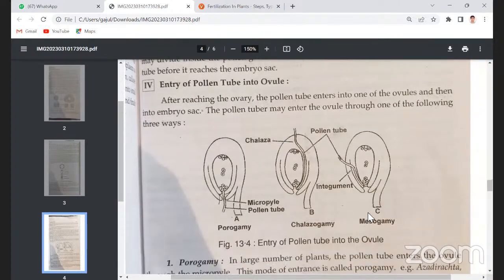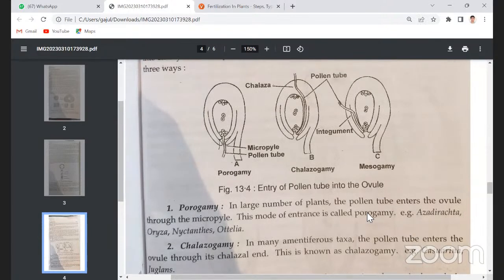Chalazogamy means the pollen tube enters the ovule through its chalazal end. This is known as chalazogamy. Example is Casuarina. Another one is Juglans.